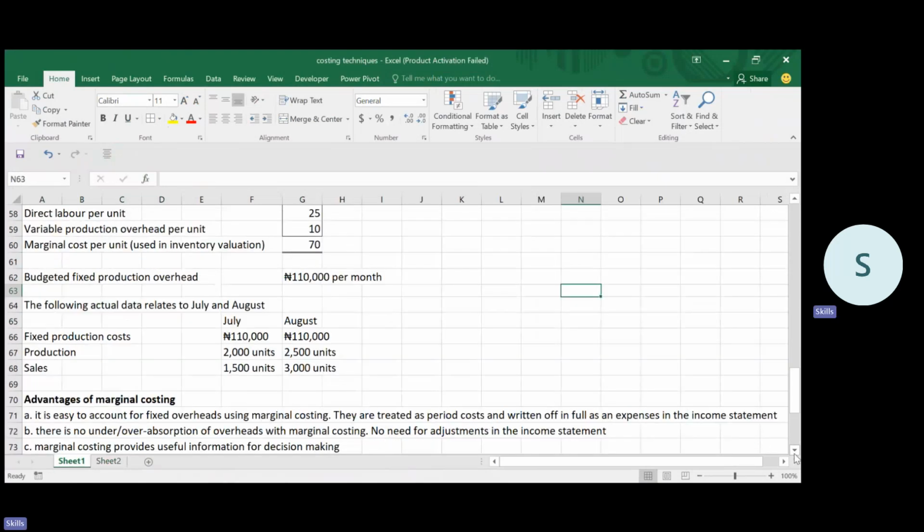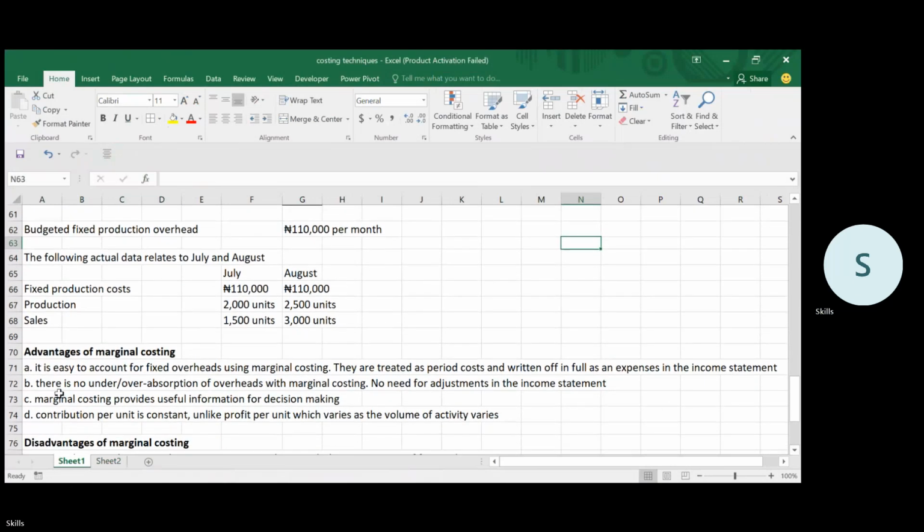Then number two, there is no under or over absorption of overhead with marginal costing.